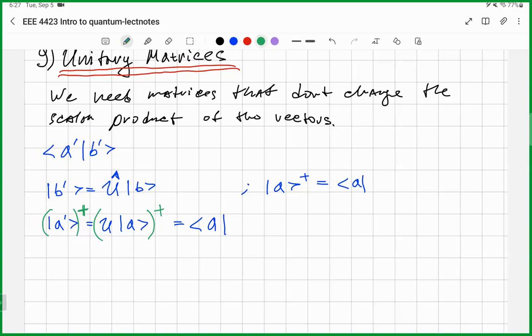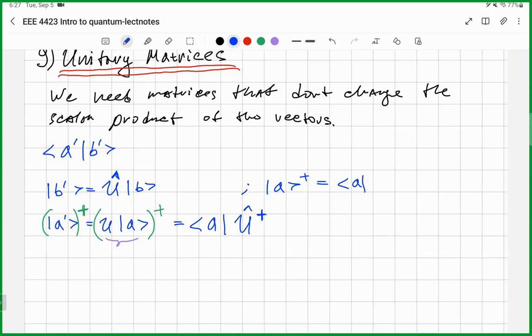For example, here in this part we have U times vector A, but after application of the transposition we have to exchange the position of the two. So it's going to be the bra vector A times the matrix U dagger.